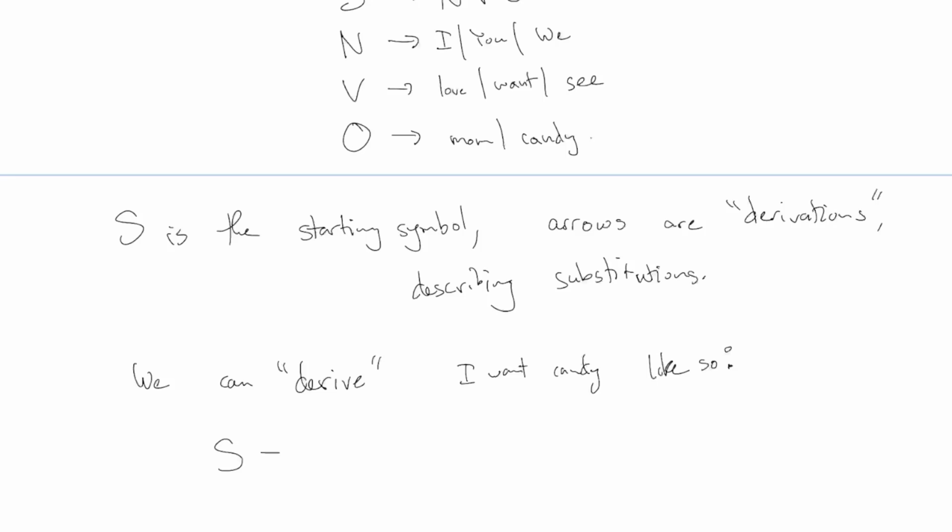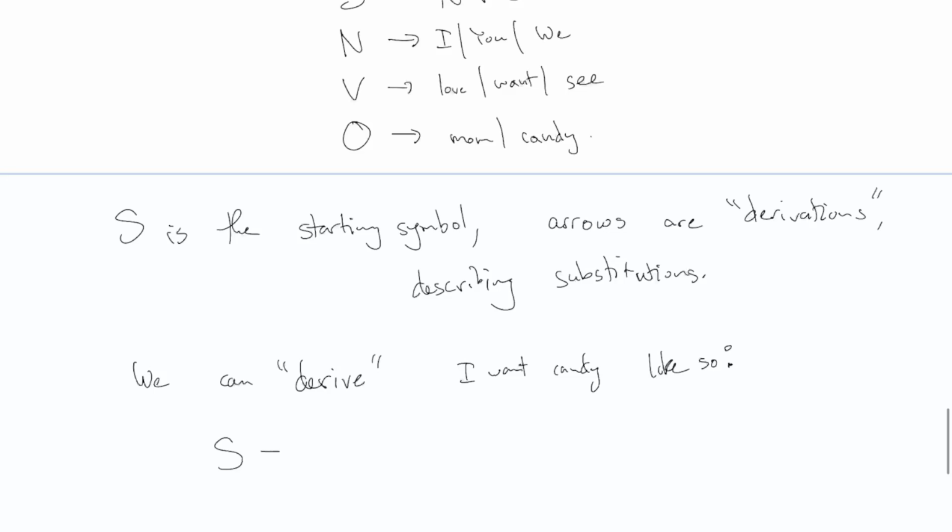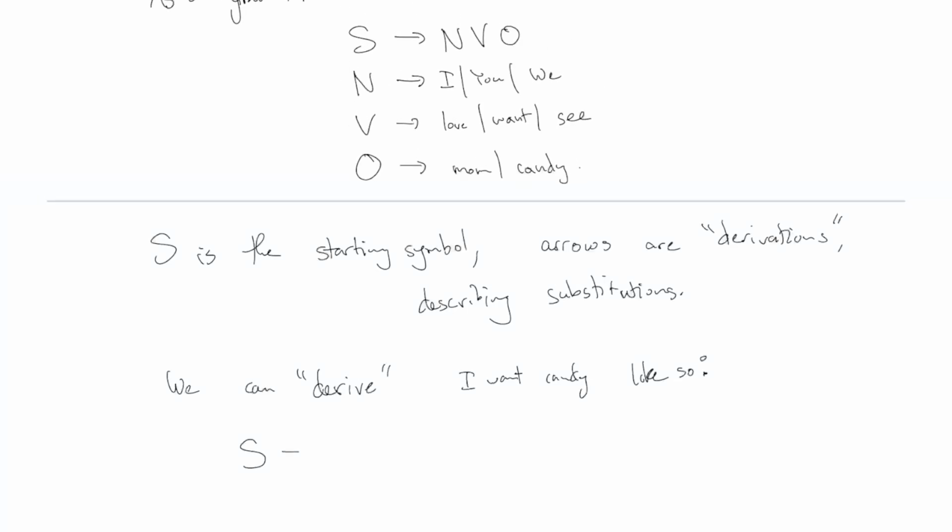Then you do a sequence of finitely many substitutions according to the derivations specified in the grammar. S, the arrow, of course, S becomes NVO. That's what this means. You will notice this arrow has two bars in it. This only has one.